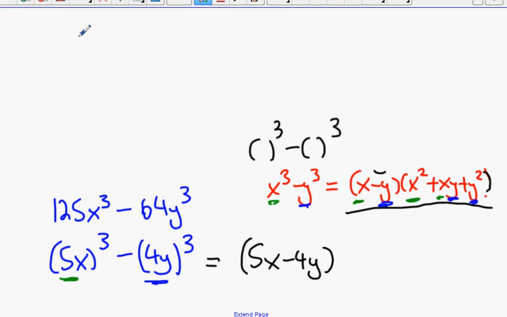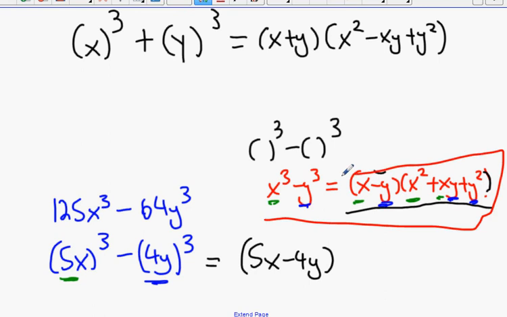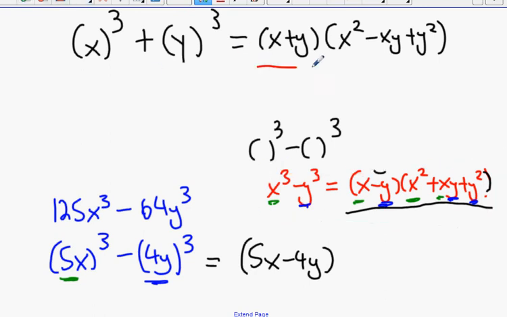The other one is something cubed plus something cubed, so x cubed plus y cubed as an example. The preset formula for this that you have to learn off by heart is x plus y, bracket, x squared minus xy plus y squared. If it's a minus, you use this one here. If it's a plus, you use the one I just wrote down.